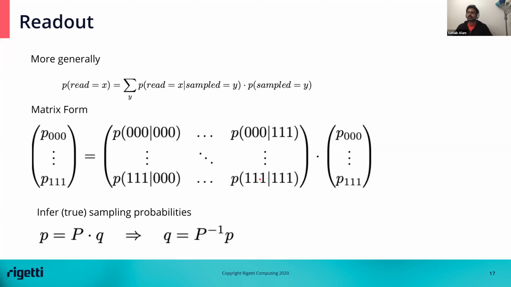Let's say we did this a million times. If we only measure this bit string, then there's no readout errors over here. This is 1, and everything else on this column is 0. But if it turns out that sometimes, for example, we see the bit string 000, then this will count the fraction of times we actually see that bit string, and so forth. So that's how you estimate this confusion matrix.